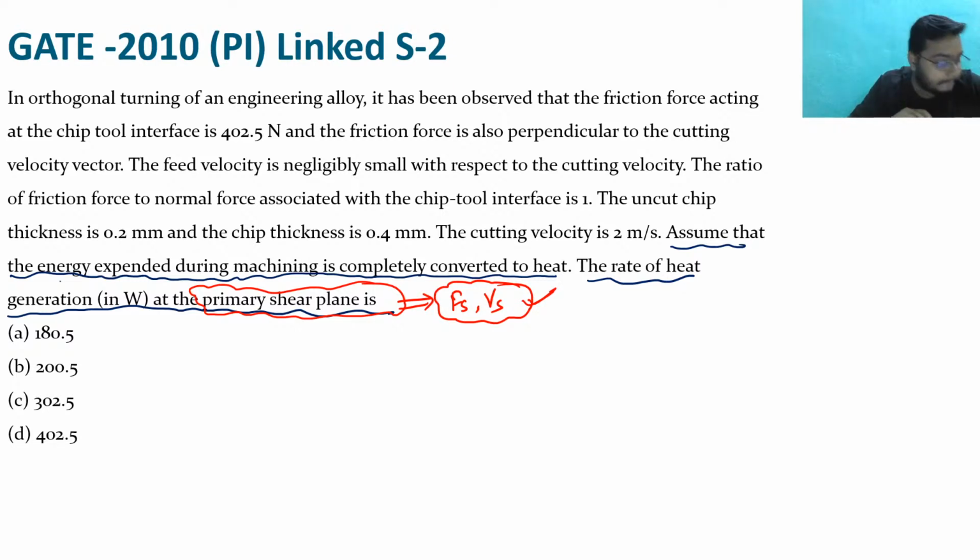Please give me the answer. You have 1 minute. Asis, you have already found the shear force.